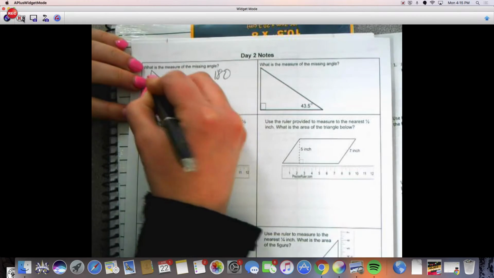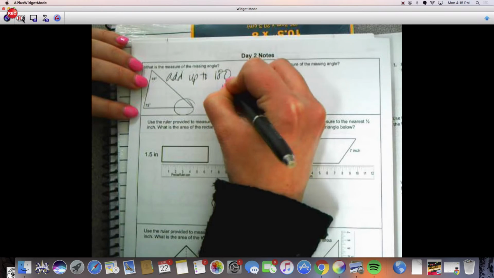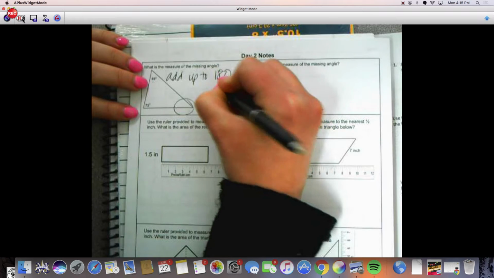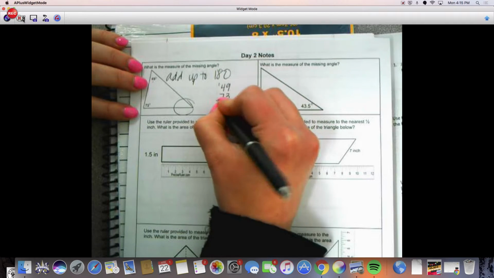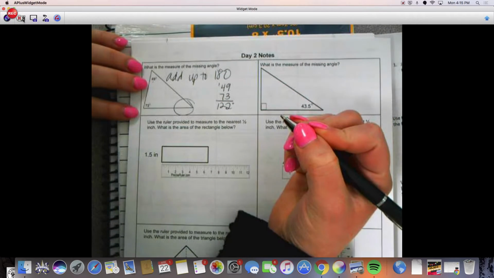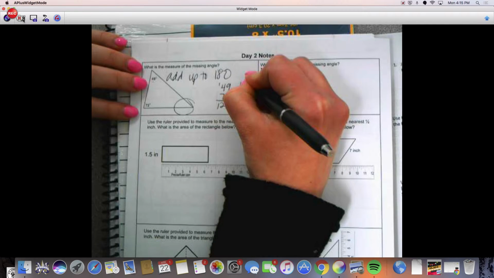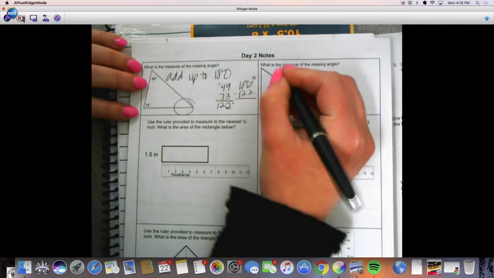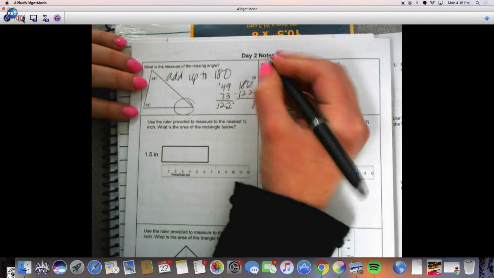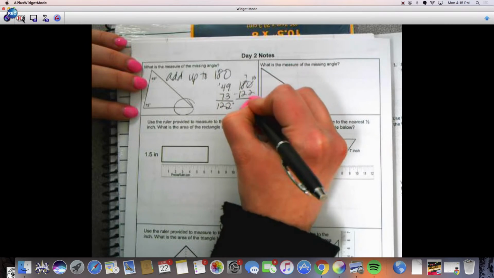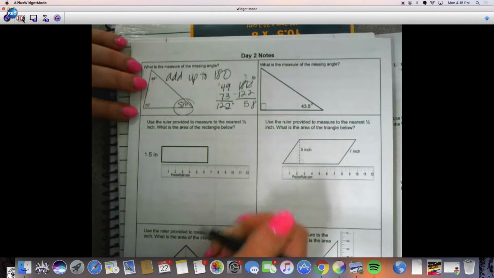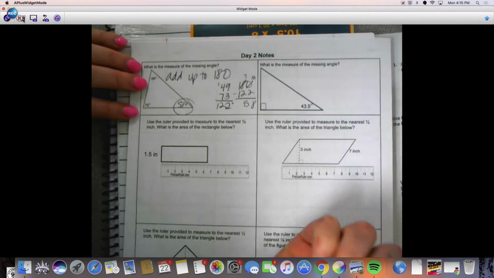So I need to add the two angles that I have to get 122 degrees, and now I have to subtract that from 180. So this would be 58 degrees. Go ahead and stop now and figure out what this one would be.